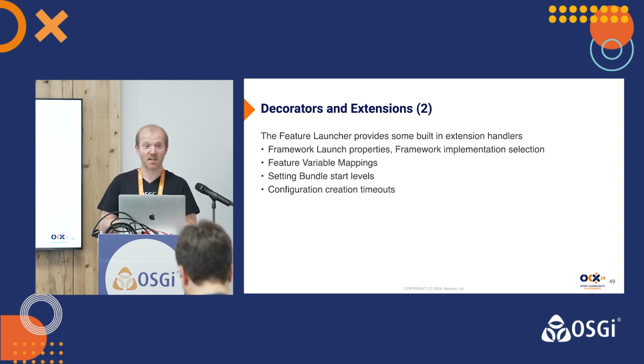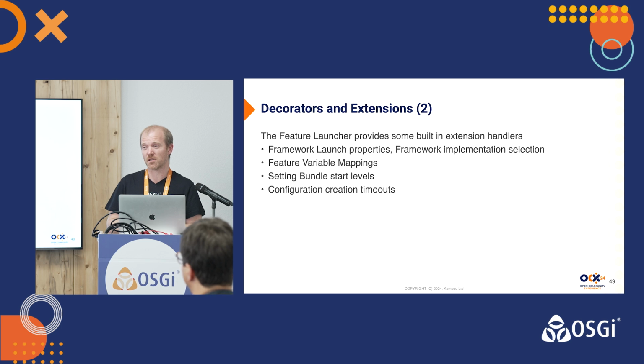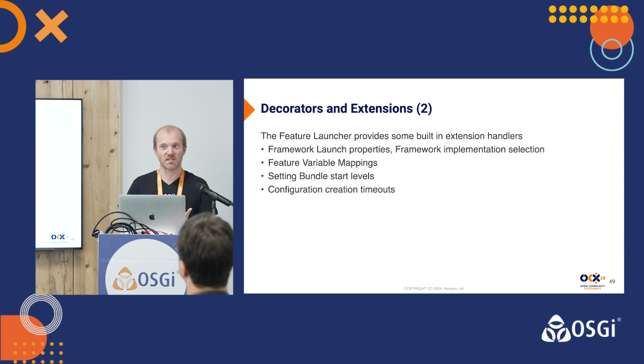You have extension handlers for setting default bundle start levels. So you can actually control the start level for each of the bundles you install, and you can control the target start level for your framework at the end of installing the feature. This is useful for situations where you maybe want to install a feature that needs a progressive start, where you want to bring up one set of bundles and then the next set of bundles, which is what start levels were really designed for.